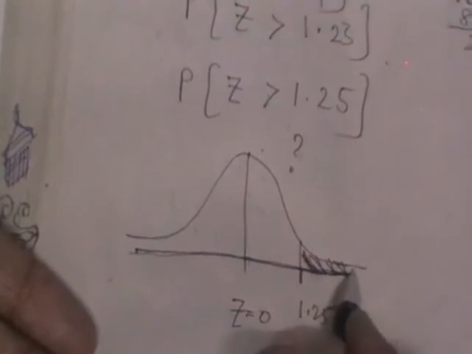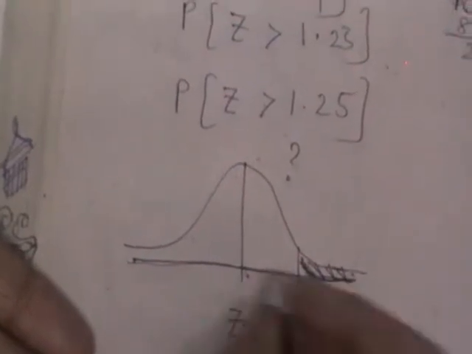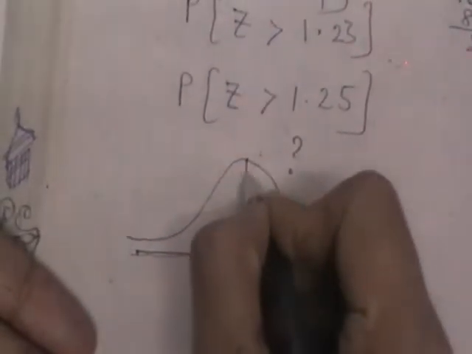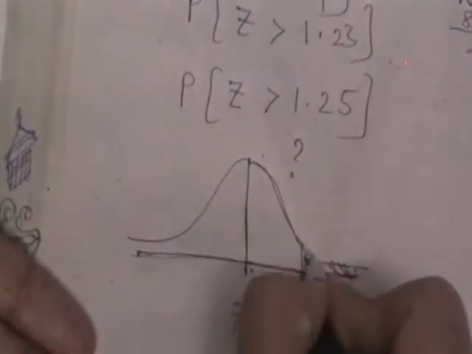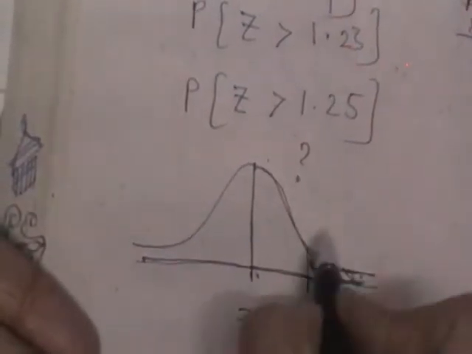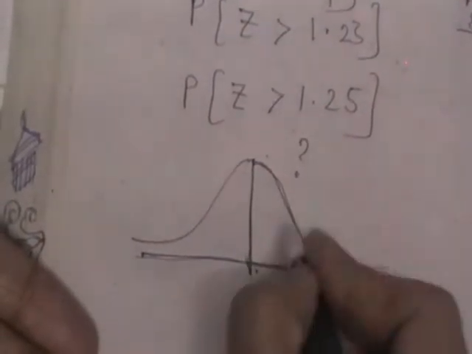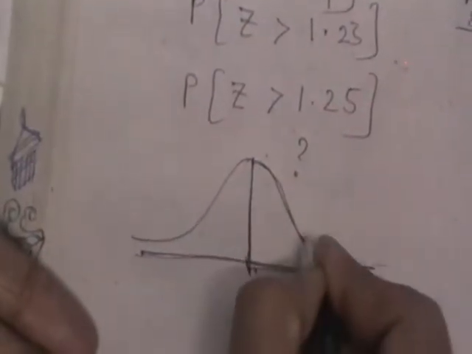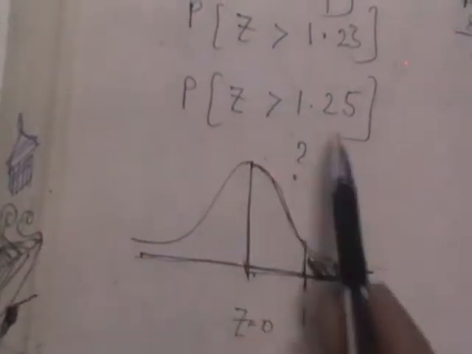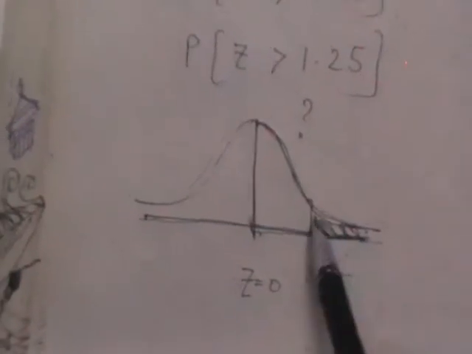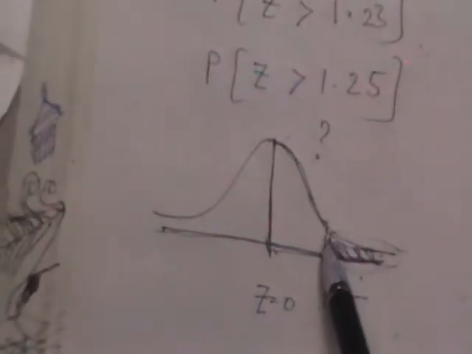To calculate this value, what you need to do is to calculate the shaded part from the entire area. You better subtract from the entire left tail, right tail. If you can subtract this part, you will get this area. Am I right? From the figure, you need to find out the value. Z greater than 1.25 means you need to calculate this value.